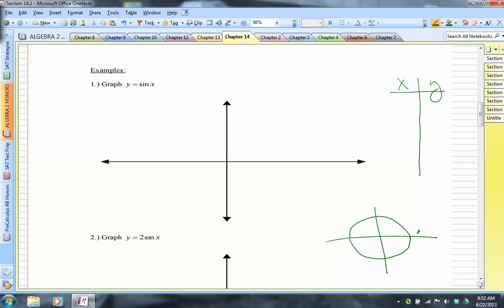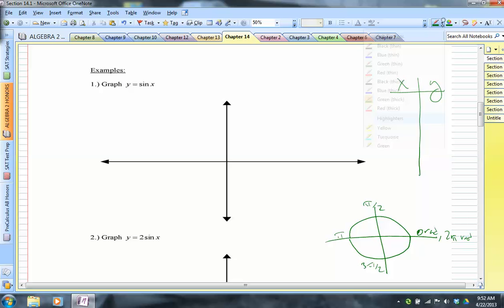If you remember, that's at 0 radians, that's at pi over 2 radians, that's at pi, that's at 3 pi over 2, and of course we get back to 2 pi radians when we go around the circle. And if you remember, the coordinates are 1, 0, and of course 0, 1, negative 1, 0, 0, negative 1.